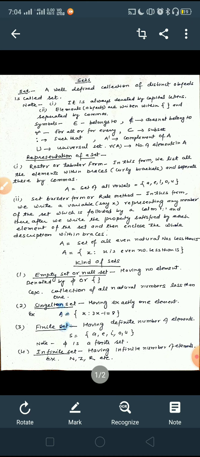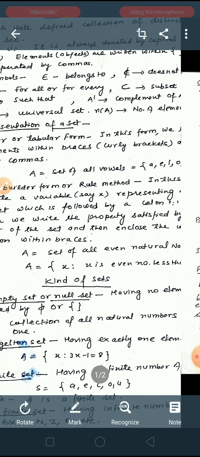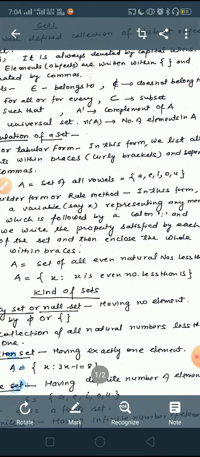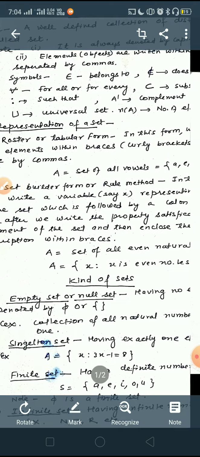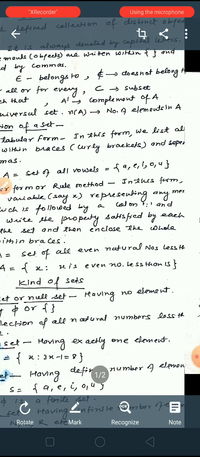As you saw above, colon is termed as such that, followed by the element of the set, and thereafter we write the property satisfied by each element of the set, and then enclose the whole within braces.